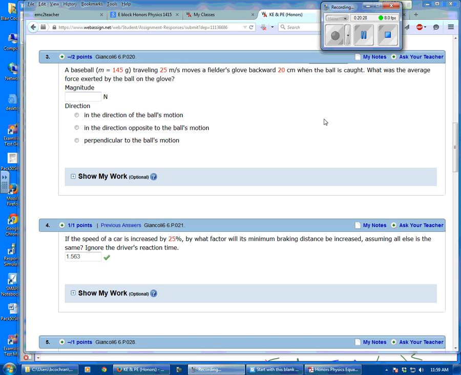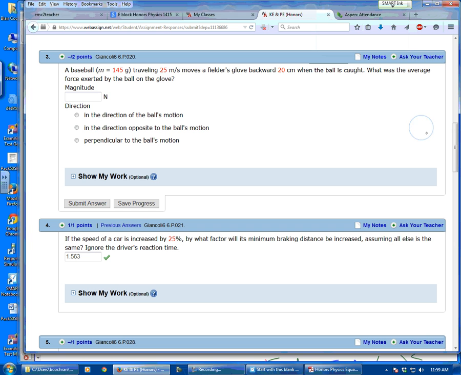All right, number 3, very similar to the other ones that we have done. My guess is that some people might have gotten it wrong if they didn't pay attention to their base units. Because they give you the mass in grams and you need to put that in kilograms, and they give you the distance the fielder's glove moves in centimeters when you need to have that in meters if you're going to figure out newtons.